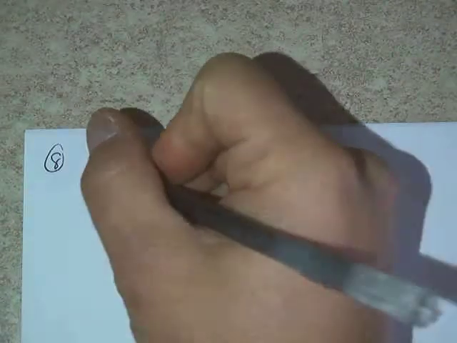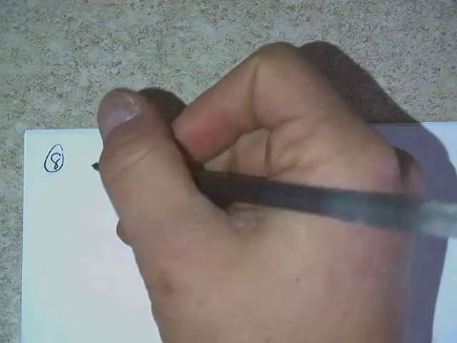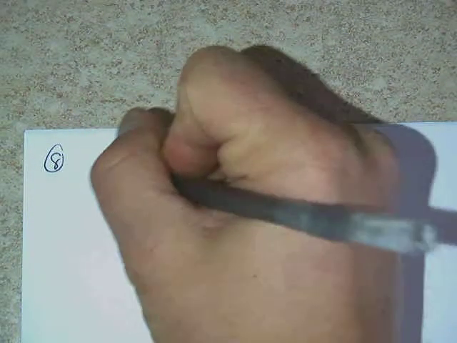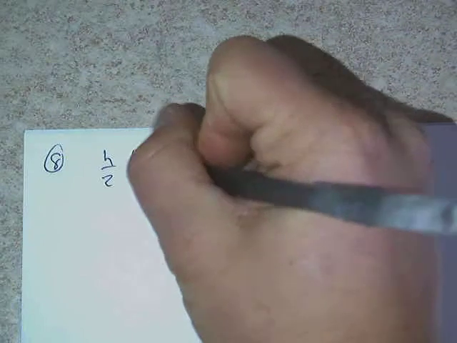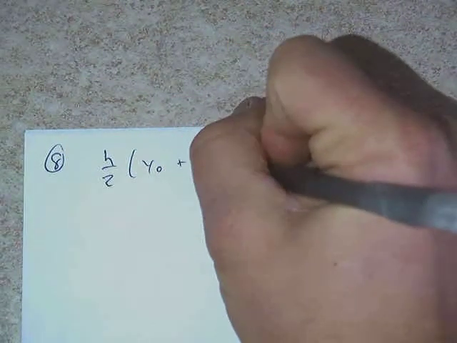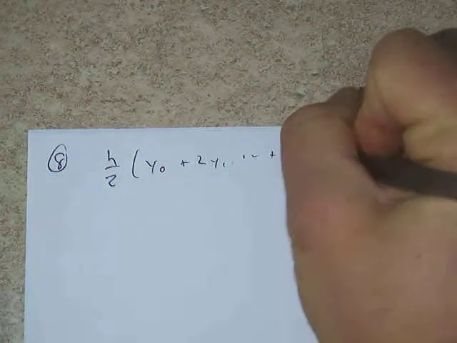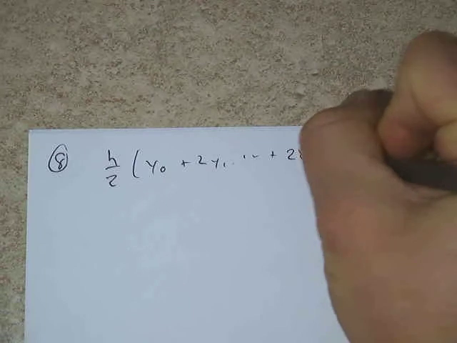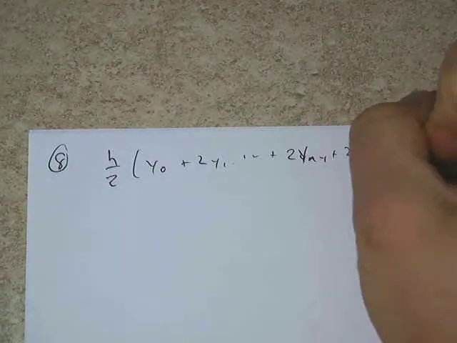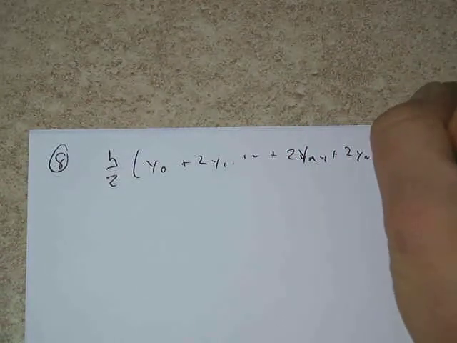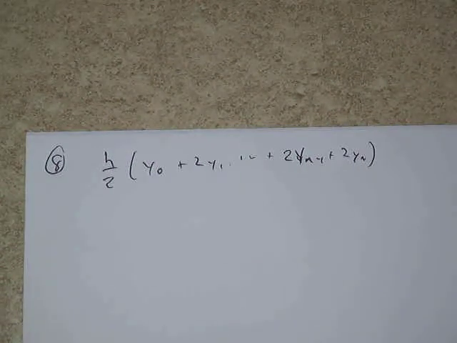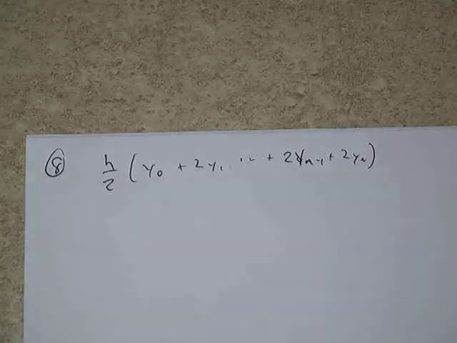Ultimately, if we use our trapezoidal rule here, we do have uniform subintervals, so therefore we can use our general formula. And keep in mind that if we use that with the information that we're given here, we're ultimately going to have to figure out what our h is.